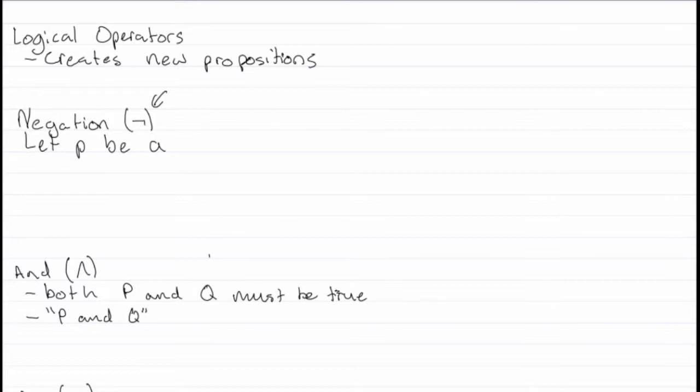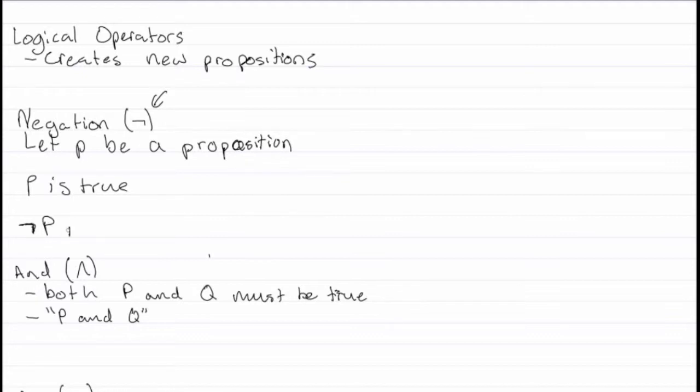So let's start off here. Its purpose is to take a proposition. So what I've done here is create a proposition P. It can be whatever proposition, I don't really care. So let's say P in its current state has a true value. P is true. Now let's add the negation symbol to it.